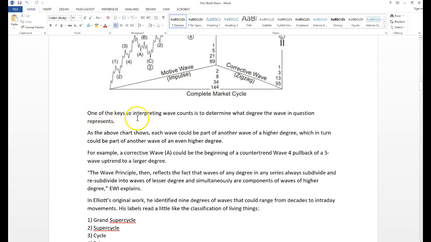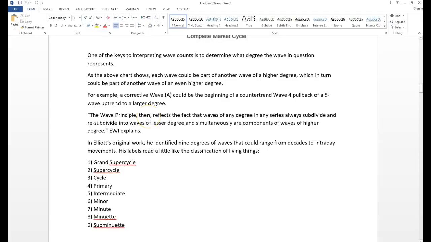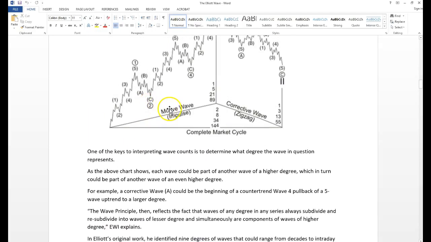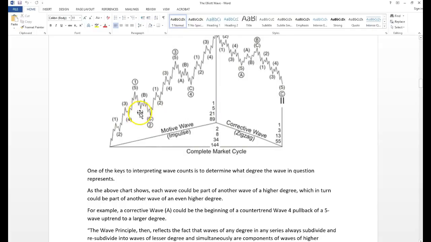One of the keys of interpreting wave count is to determine what degree the wave in question represents. As the above chart shows, each wave could be part of a larger wave of a higher degree, which in turn could be a part of another wave of an even higher degree. For example, the corrective wave A right here could be the beginning of a counter trend wave 4 pullback of a 5-wave uptrend of a larger degree.